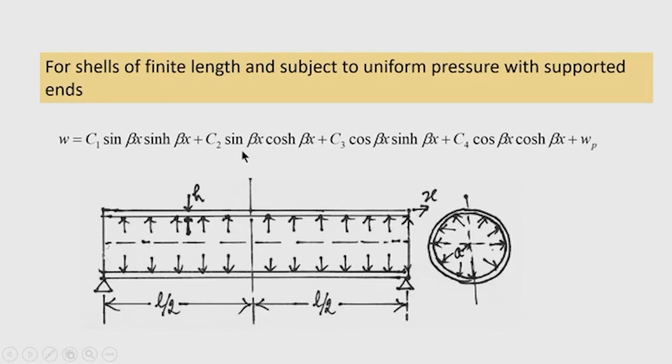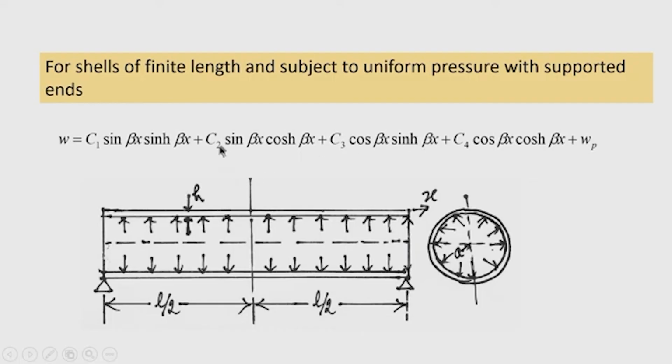But if you examine these two terms, sin beta x is an antisymmetrical function, whereas cos hyperbolic beta x is a symmetrical function. So, the product of these two is an antisymmetrical function. Similarly, cos beta x is a symmetrical function and sin hyperbolic beta x is an antisymmetrical function.